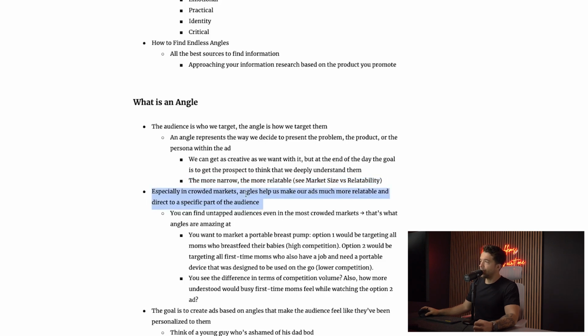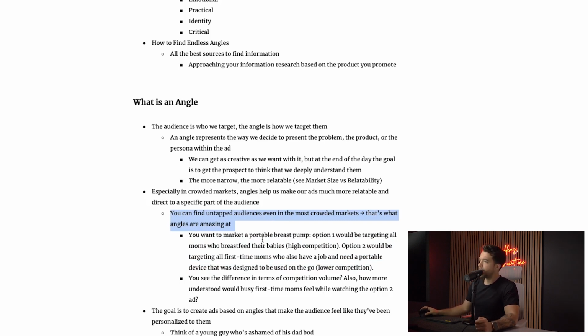Now, this is extremely important in all markets, but especially in crowded markets. Angles help us make our ads much more relatable and direct to a specific part of the audience. You can find untapped audiences even in the most crowded markets, and this is why angles are great.